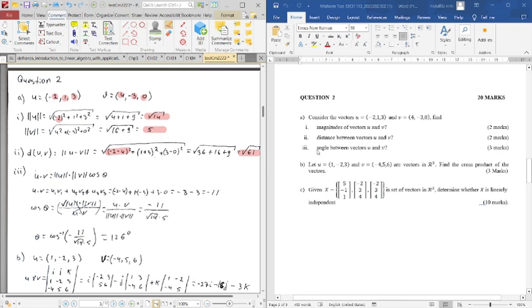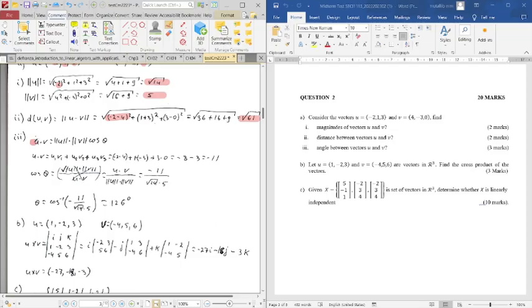And for the third part, we need to find the angle between vectors u and v. To find the angle, the formula is u dot v equals magnitude of u times magnitude of v times cosine theta. So we need to find the cosine value for this angle. First we need to find u dot v.